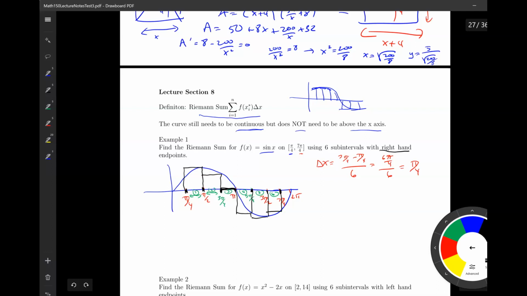All right, so now I'm going to find the right-hand endpoints, 6 rectangles.